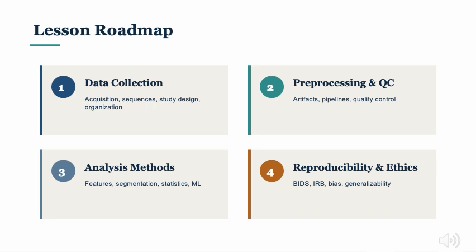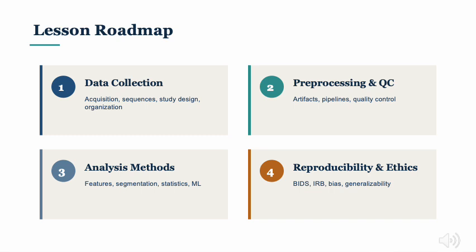Here is our roadmap. We will move through four parts. First, data collection, which includes the acquisition, sequences, study design, and organization. Second, we will move on to preprocessing and quality control. It includes artifacts, pipelines, and how we check our work.